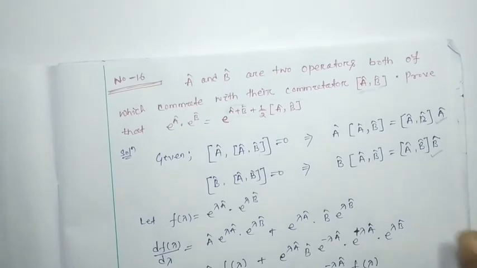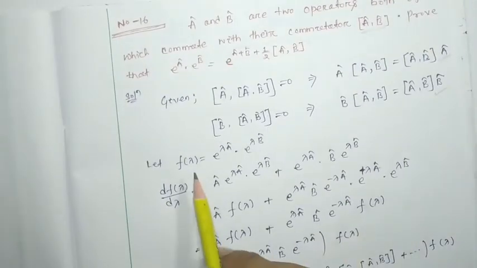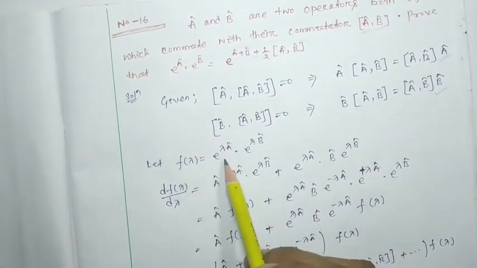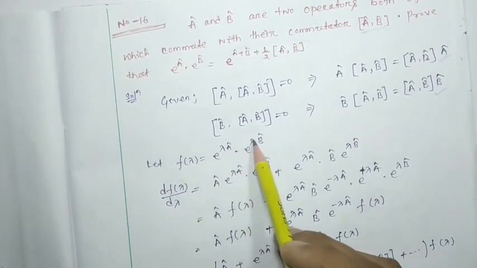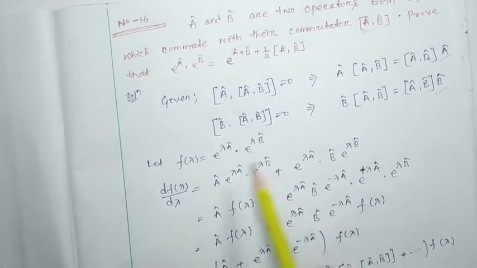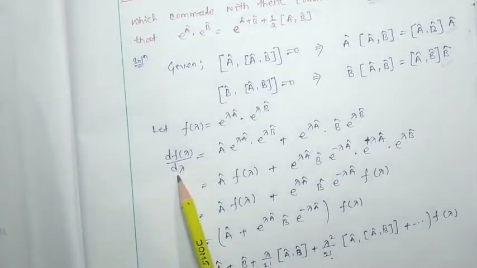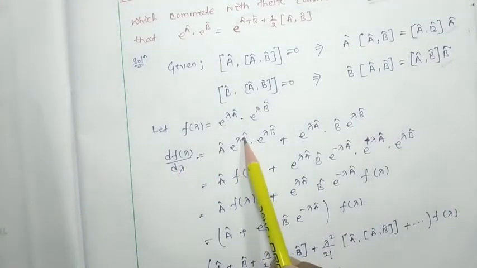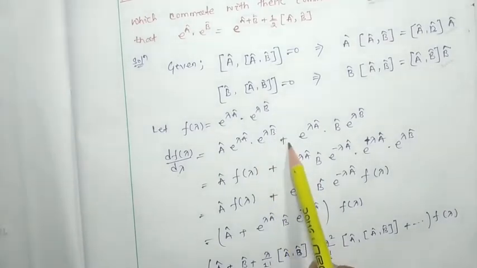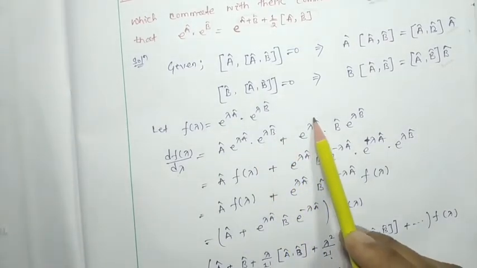Here let us consider f of lambda as a function, which is e to the power lambda a cap into e to the power lambda b cap. So df lambda by d lambda will be a cap e to the power lambda a cap into e to the power lambda b cap plus e to the power lambda a cap.